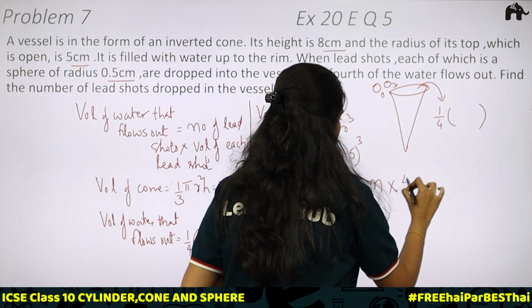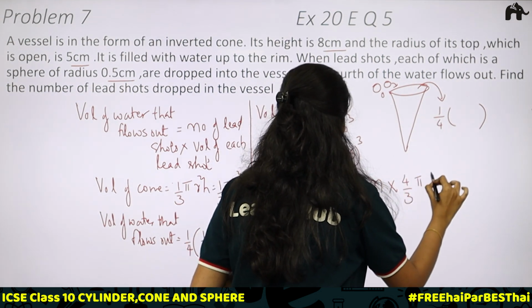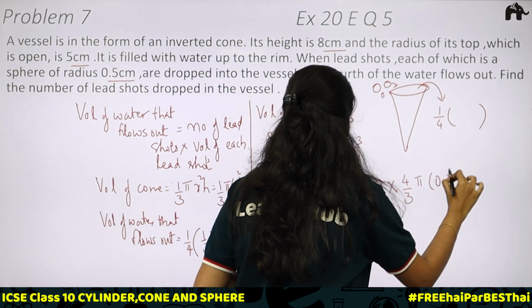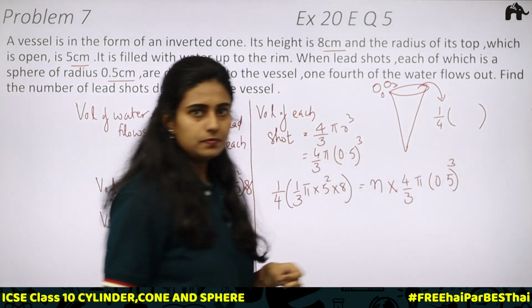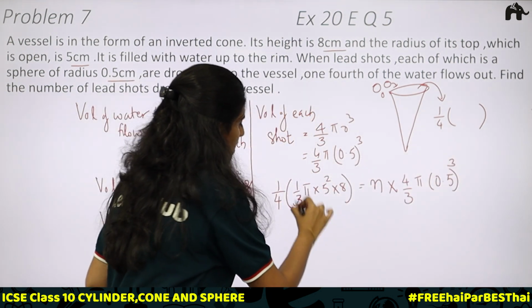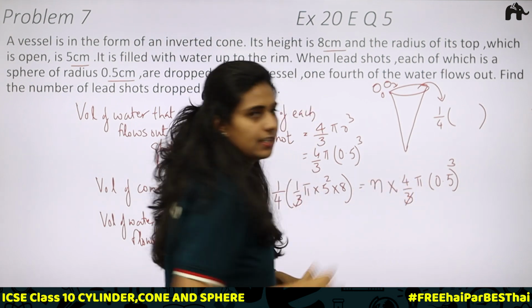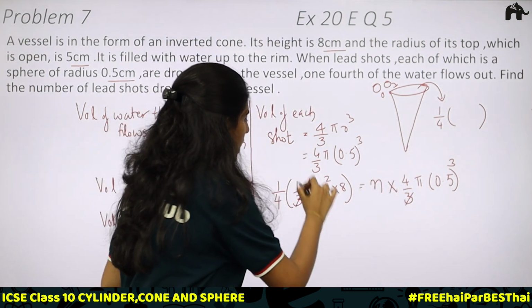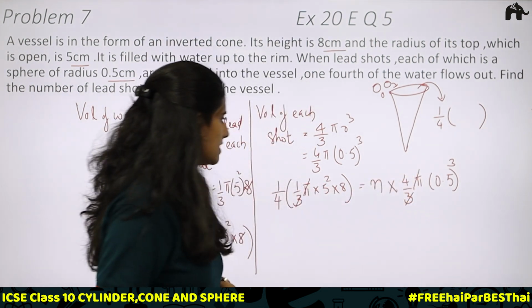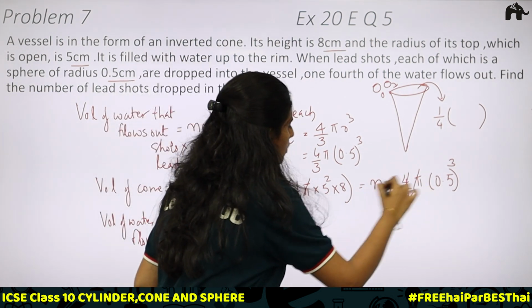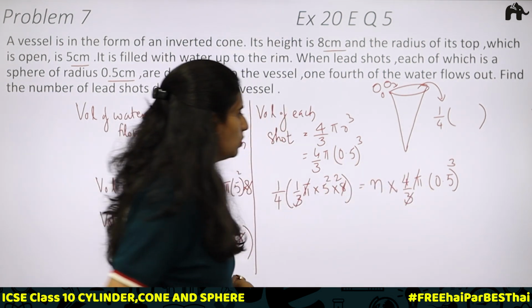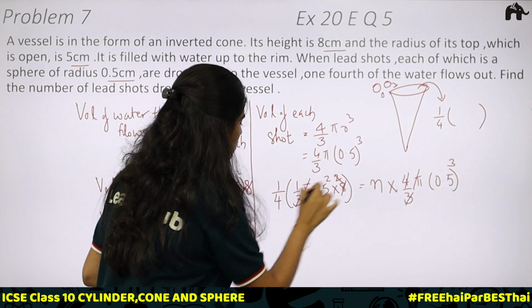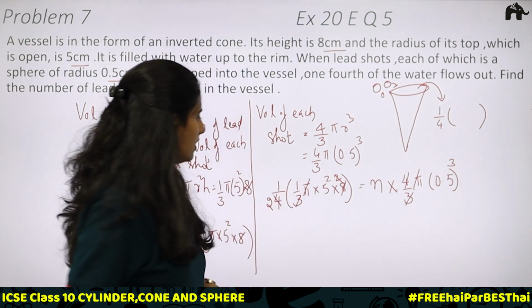Volume of each lead shot is 4/3 pi into 0.5 cube. Okay. Here 3 is there in the denominator, which can be cancelled. Pi and pi can be cancelled. Then 4 and 8 can be cancelled. We get 2 here. This 2 and 4 can be cancelled. Again, we'll be getting 2.